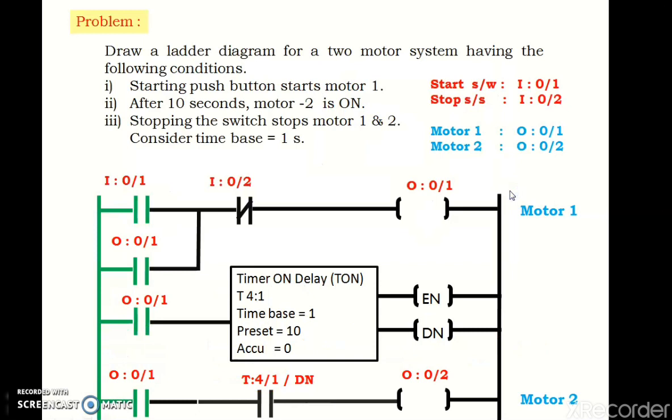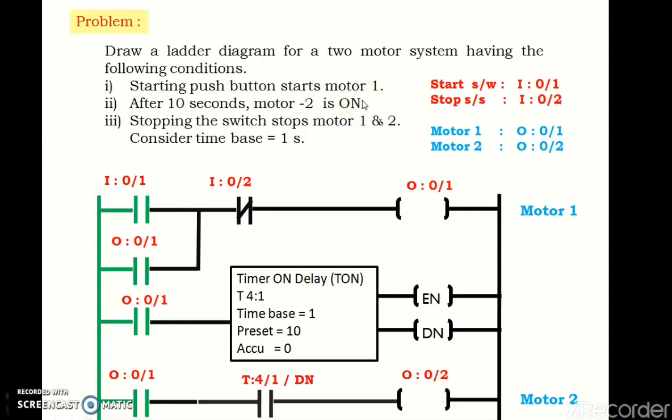Okay, let's take one example of delay on timer. Draw a ladder diagram for two motor system having the following conditions. Starting push button starts the motor 1. After 10 seconds, the motor 2 should be on.